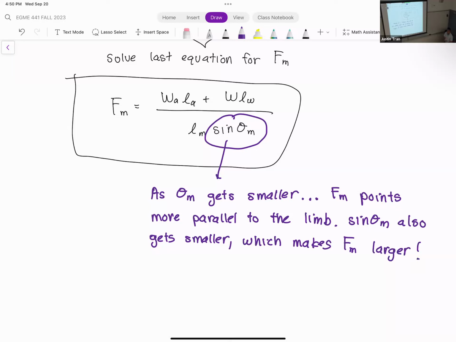So that's an important trend. As the attachment angle for the muscle gets smaller and smaller, it's going to require your muscle to apply more force in order to perform actions. And that makes sense.